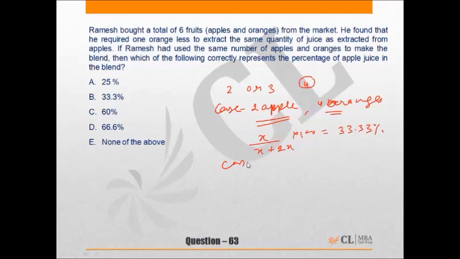In case second of 3 apples, the juice obtained by 3 apples will have to be equal to juice obtained from 2 oranges. In that case, the required percentage will be x upon x plus x into 3 by 2 into 100, which is 40%.